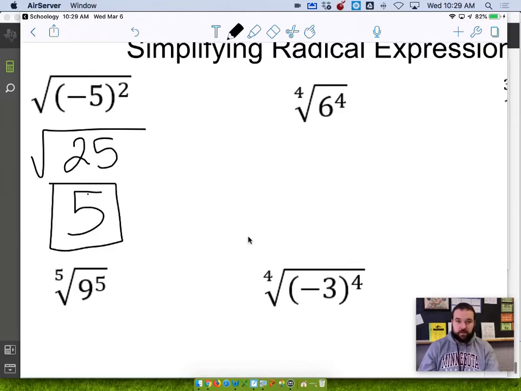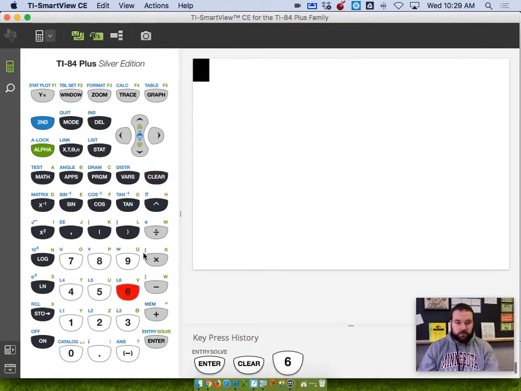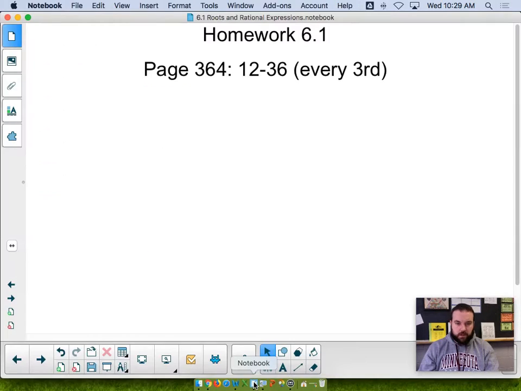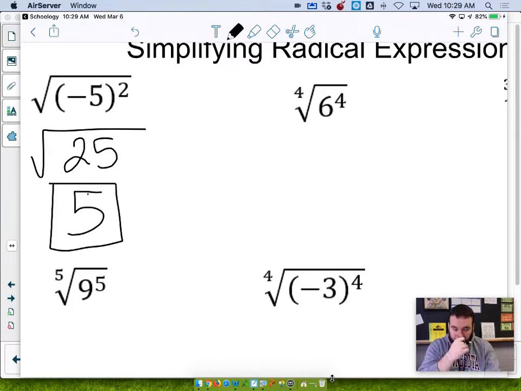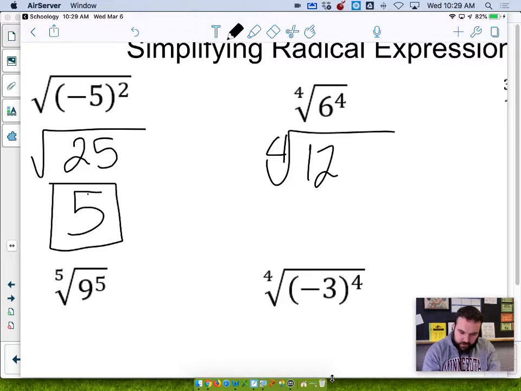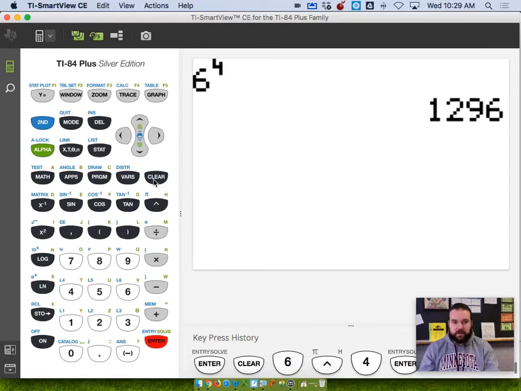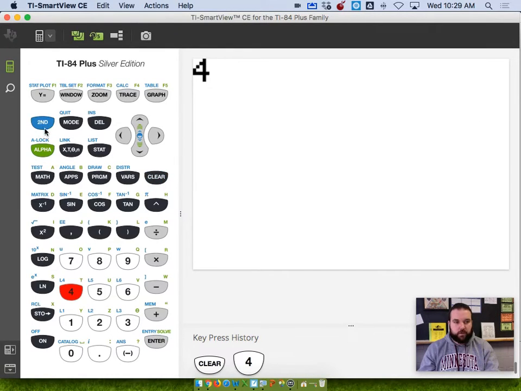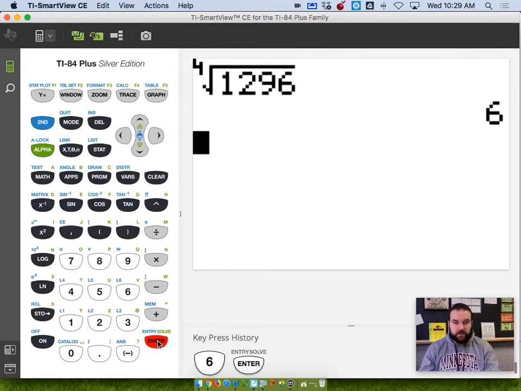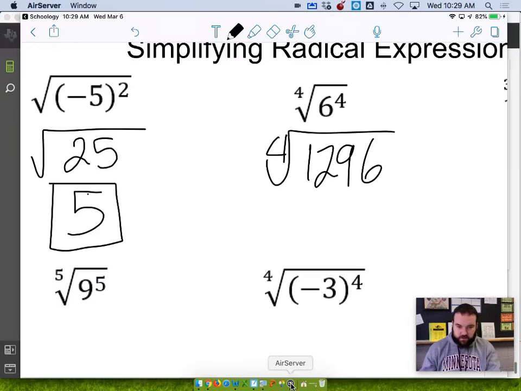If I do the same thing for this, I don't know what 6 to the 4th power is. So we type this into the calculator. 6 to the 4th, I believe, is 1296. So this now becomes the 4th root of 1296, which, if I go back and type that into the calculator, returns me to just the number 6.